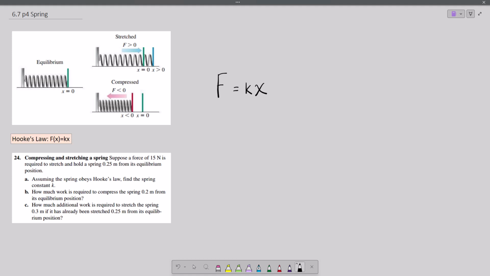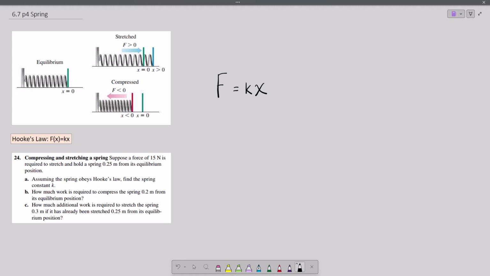Every radioactive isotope has its own decay constant, which gave you a sense of the rate at which a radioactive substance decayed. Same idea here. The K value gives us a sense of how difficult it is to compress the spring. So every spring has its own spring constant, just as every radioactive isotope has its own decay constant.